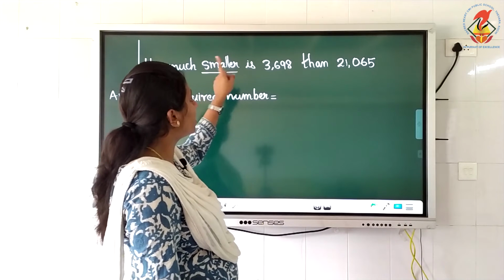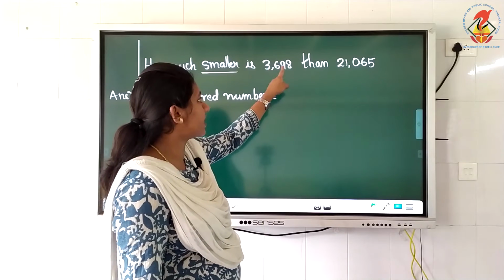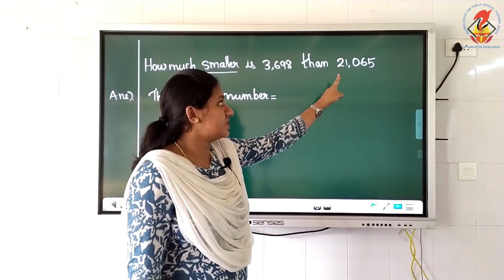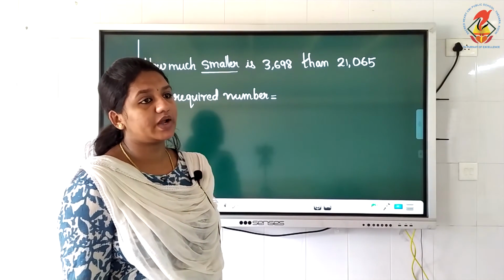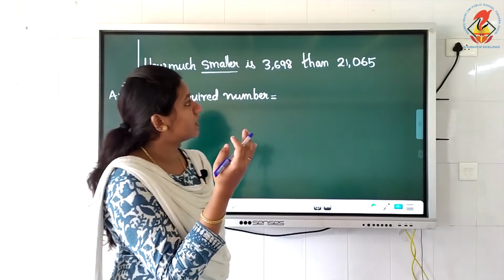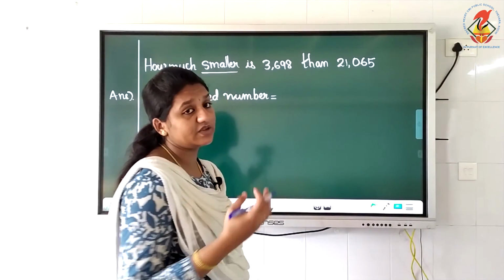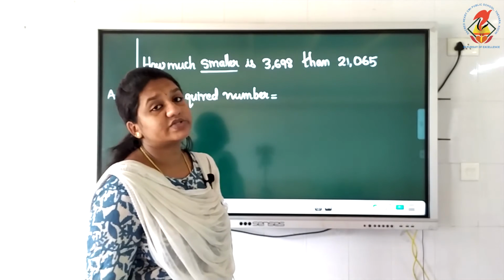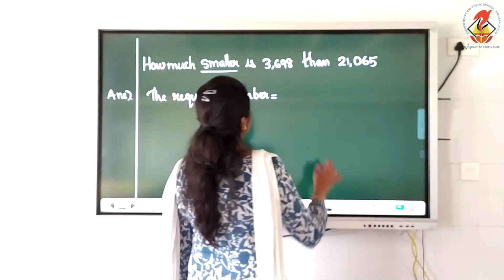How much smaller is 3,698 than 21,065? How much smaller from 21,065 than 3,698?